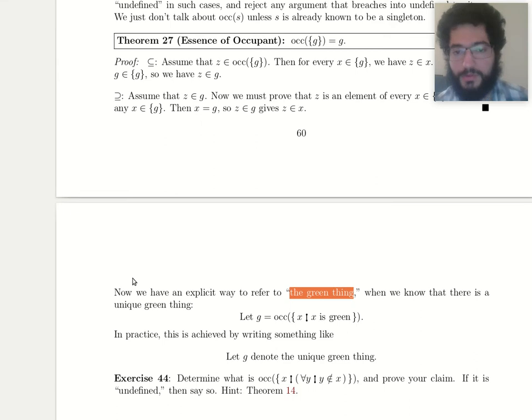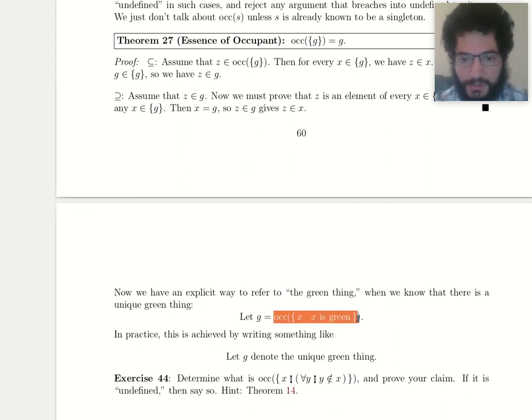So what if you knew that there is a unique green thing in the world? How would you use our formalism to refer to it or define a new symbol to mean the unique green thing? We have two ways of writing it.